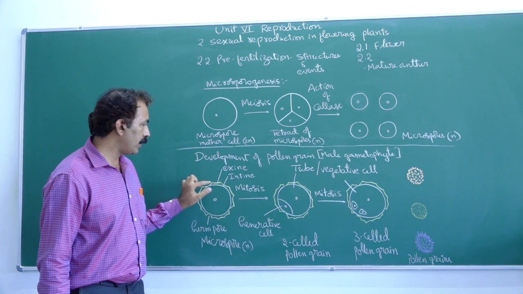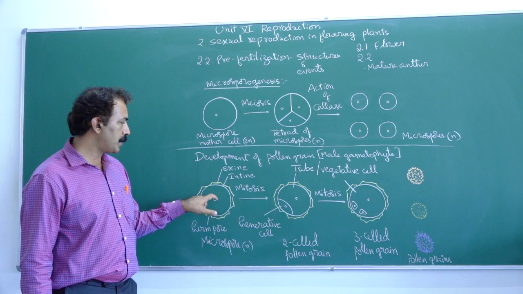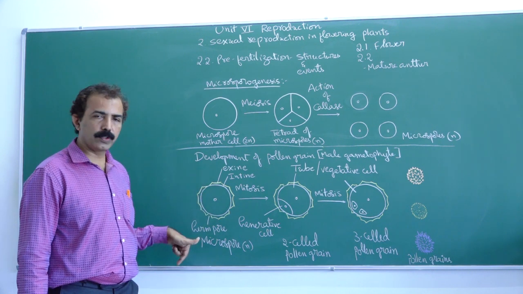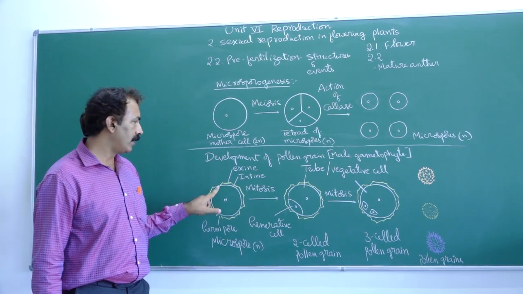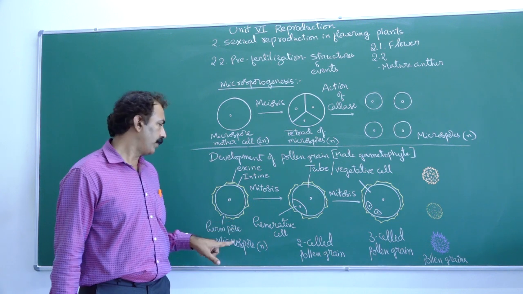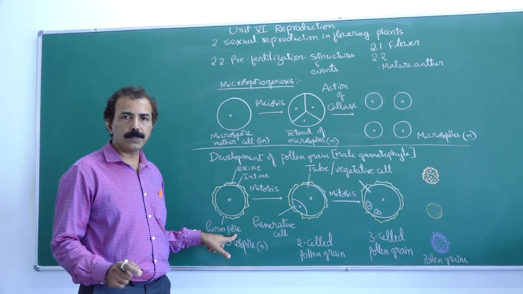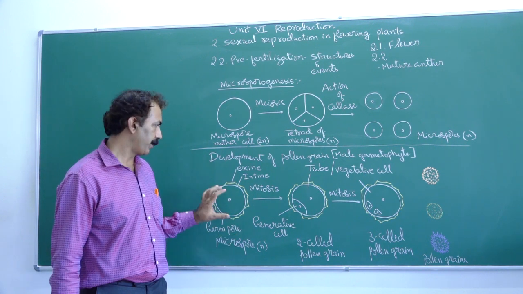So this layer should not be present in some regions so that the sperms from inside can come outside. The sperms have to travel out of this structure. That's why there are some regions left where sporopollenin is not deposited, and we call those gaps the germ pores.